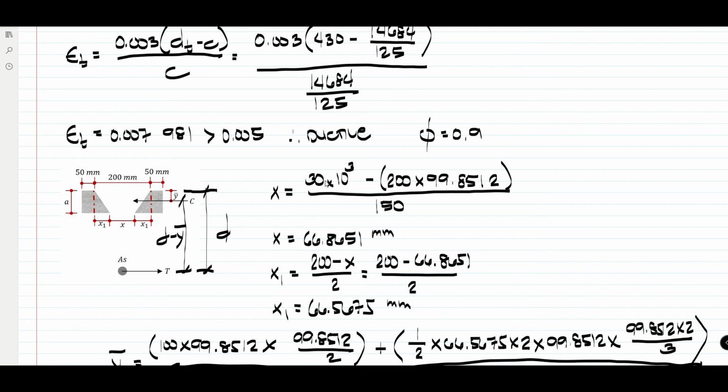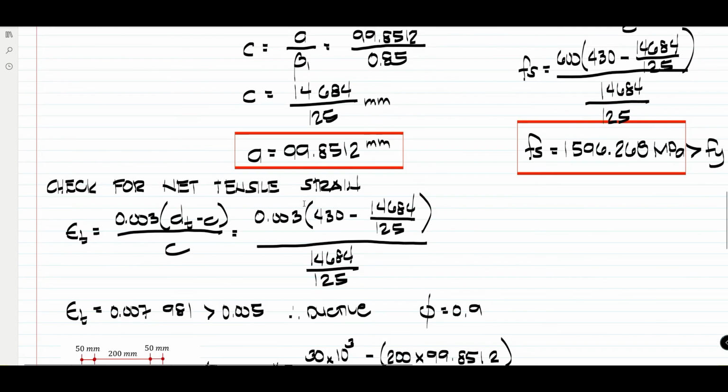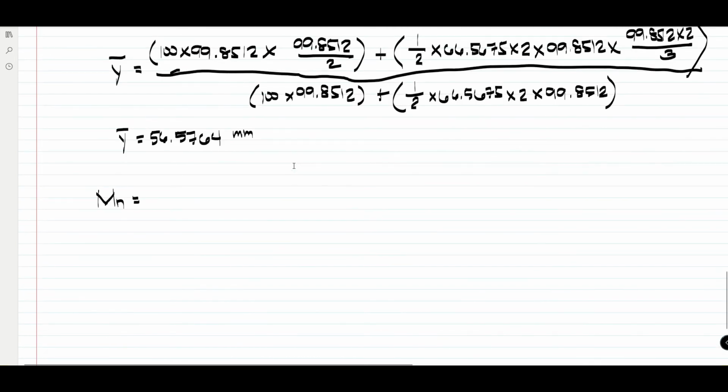So, much better na kunin nyo na siya on the tension side. So, ibig sabihin, AsFy na lang kasi yun. AsFy siya kasi na-prove naman natin na yung steels are yielding. So, pwede natin gamitin yung fy. So, Mn now will just be As times fy times the d minus our y bar.